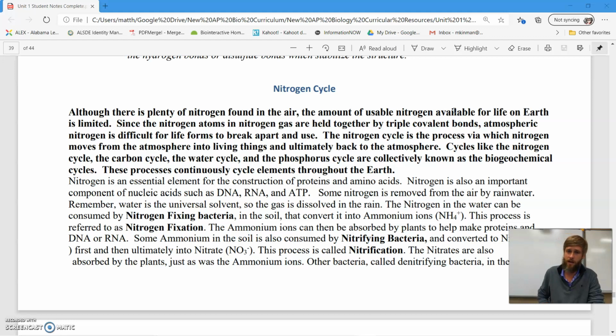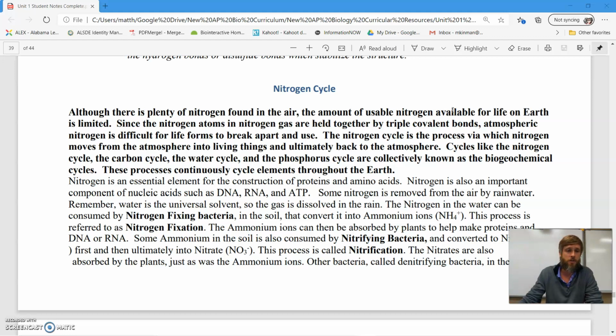So the nitrogen cycle is the process via which nitrogen moves from the atmosphere into living things, ultimately back to the atmosphere. If you are an astrophysicist peering off at other planets in the galaxy, chemical traces of nitrogen in the atmosphere might be something you look for in that search for extraterrestrial life.